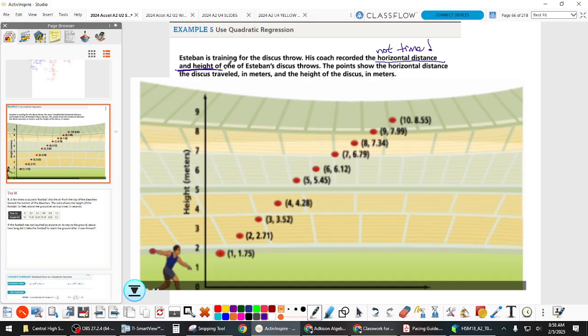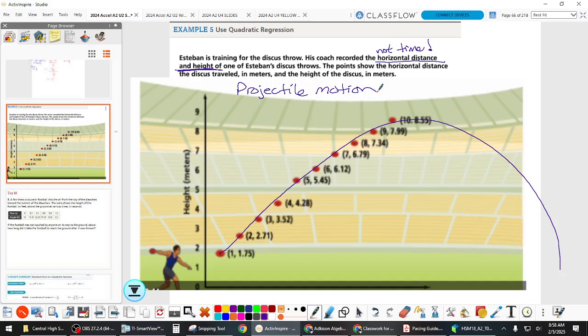So if we could get a function rule, what shape is it making, roughly? It's going to be a parabola, right? Because once he releases it, it doesn't have its own propulsion, so this is projectile motion. Just like the rock that we just talked about.